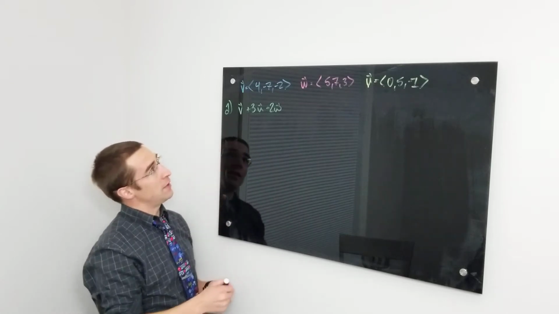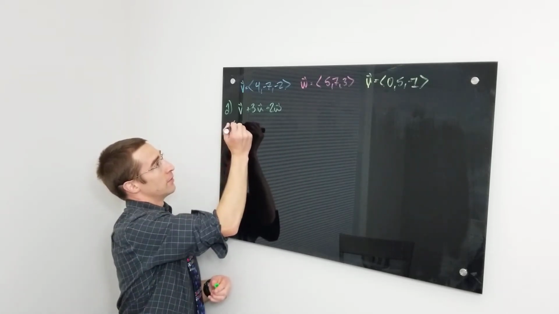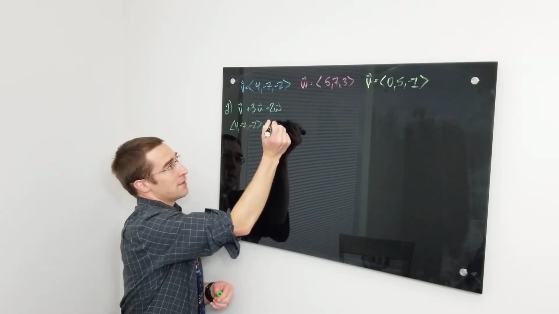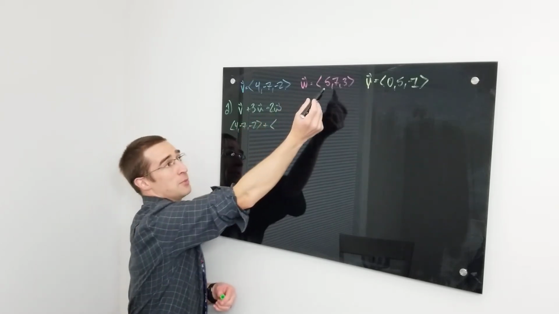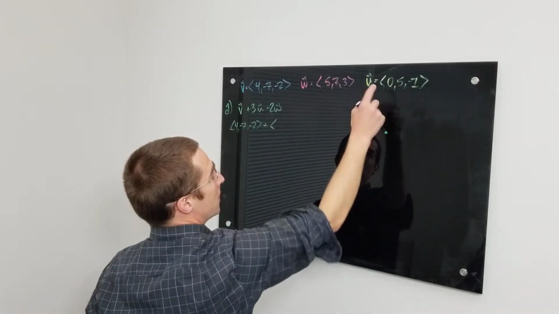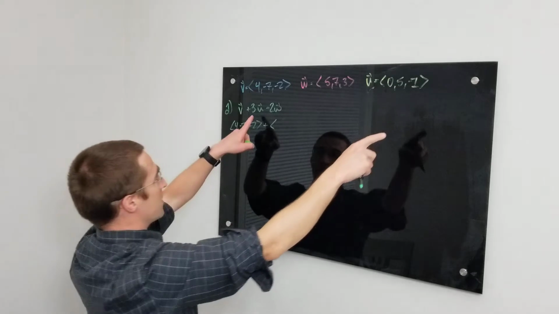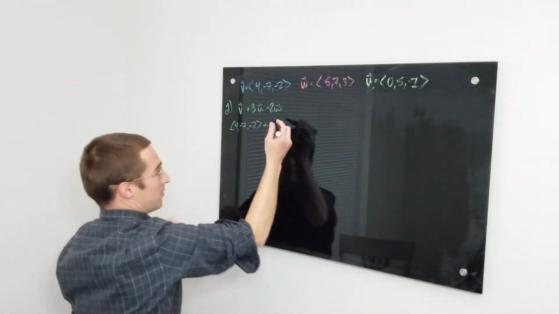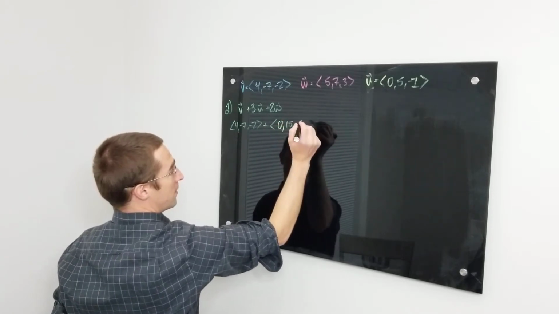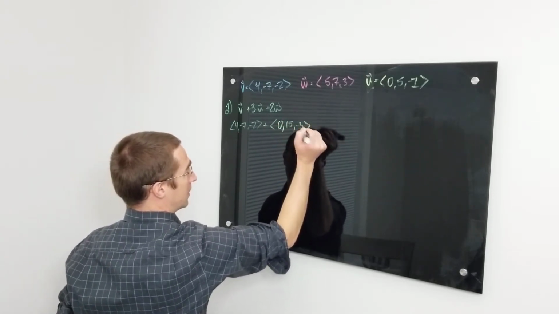So here we've got v, which is 4, -7, -2, plus 3u. I'm just going to multiply each of these by 3, because it's 3 times u. So 3 times 0 is 0, 3 times 5 is 15, 3 times -1 is -3.